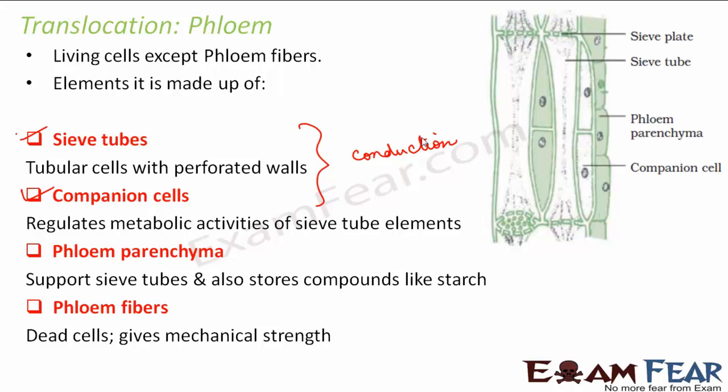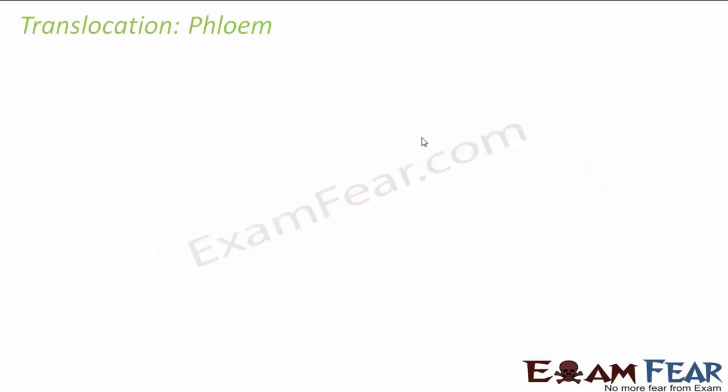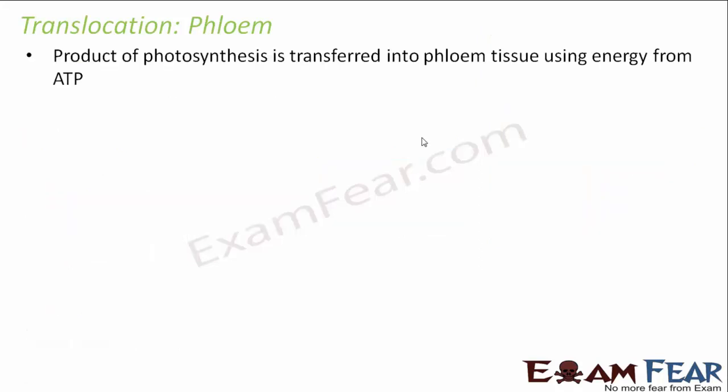So what all does a phloem conduct? A phloem conducts the food which is prepared during photosynthesis and is stored in leaves. It also conducts some other important substances like hormones and amino acids, which are needed by the plants. So the product of photosynthesis, that is starch or glucose, is transferred into phloem tissue using energy from ATP.